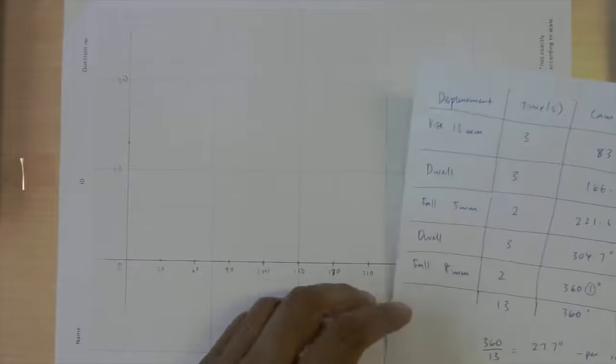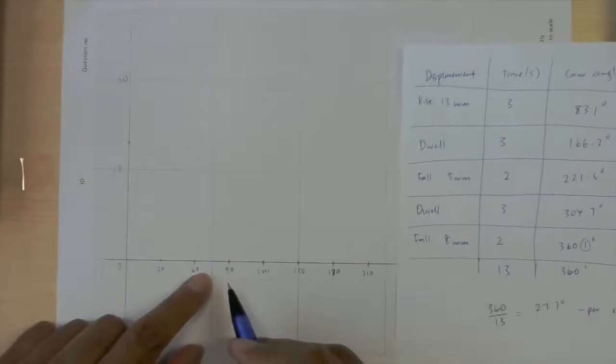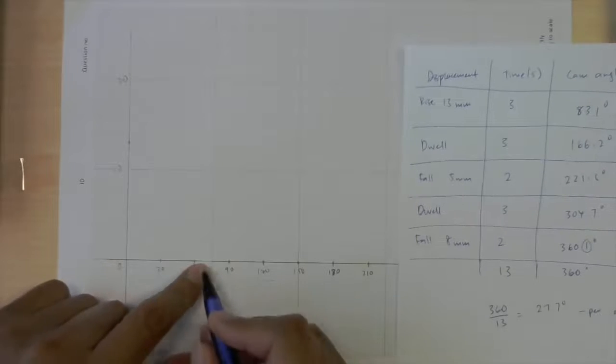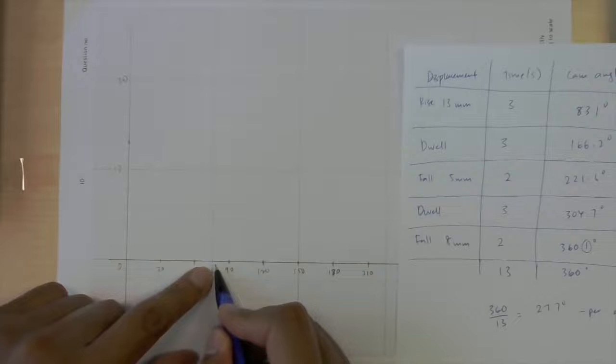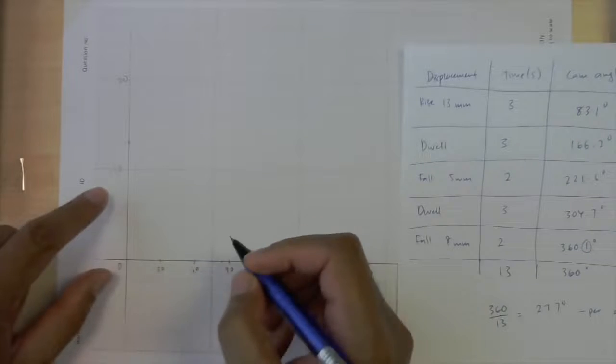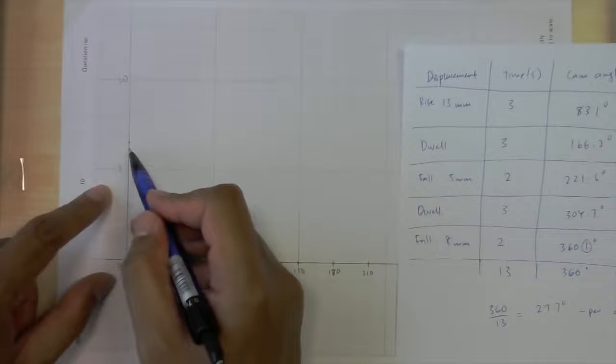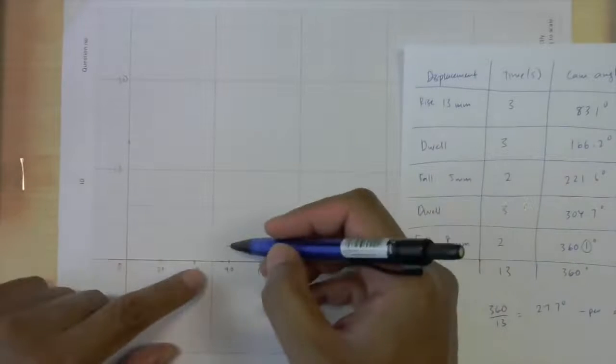Now 3 seconds is equal to 83.1 degrees. So this is 75, 78, 81, 84. We just take it basically here, and 13 will be somewhere here. 10, 12, 13 will be in the middle.